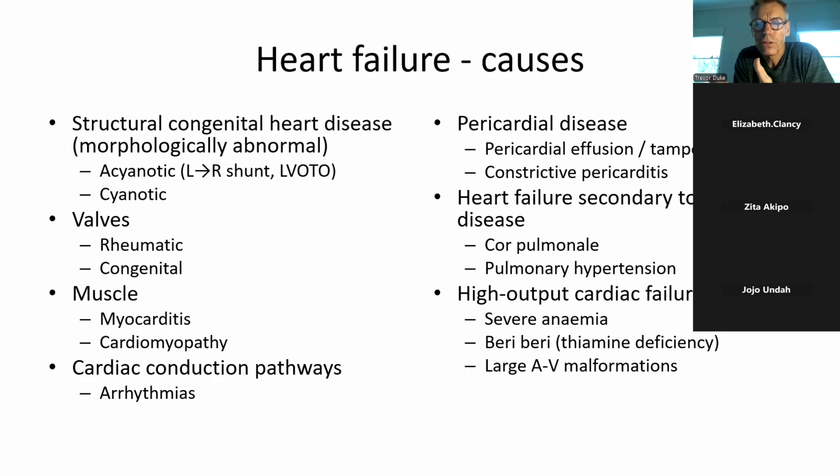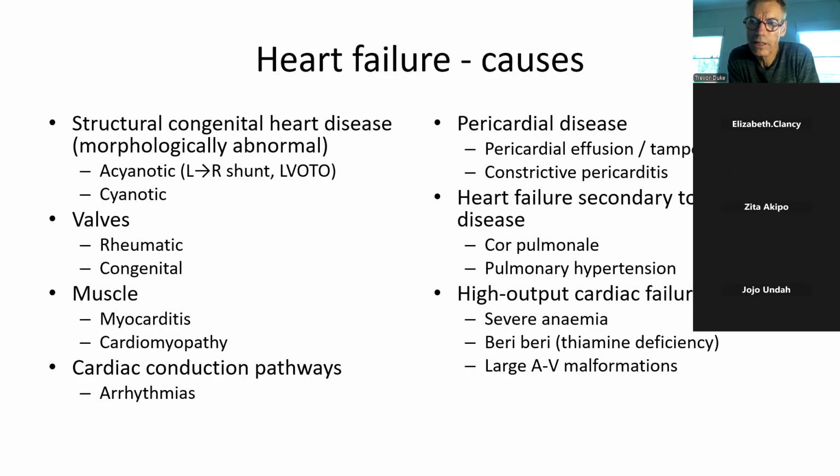And so, to start with, given it's probably the most common type of cause of heart failure, structural congenital heart disease, which we always think about. We always think that a child might have structural congenital heart disease. That is a morphologically abnormal heart.